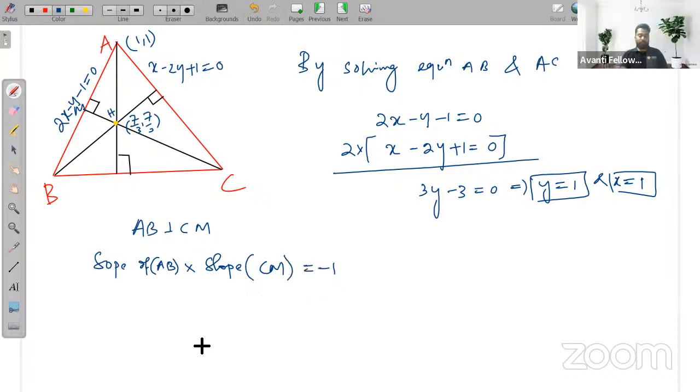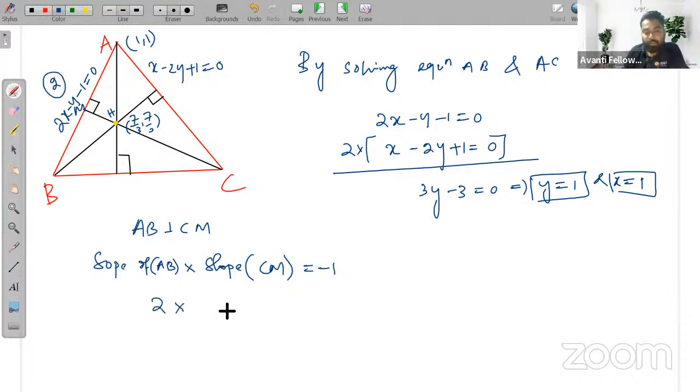Yes or no? Clear? So what is the slope of AB? The slope of AB is minus a by b, that is minus 2 upon -1, that is 2. Slope of AB is 2.